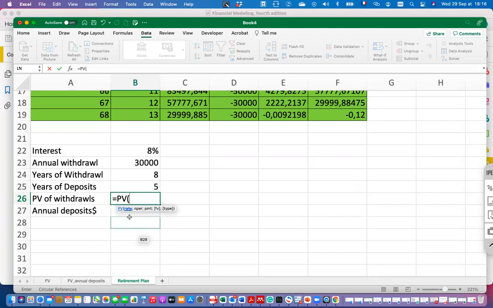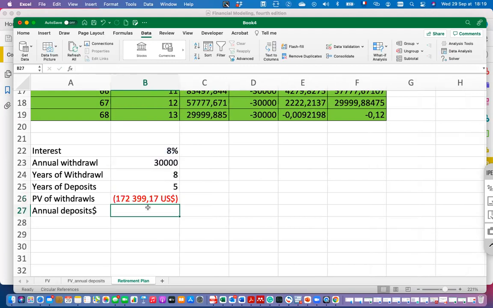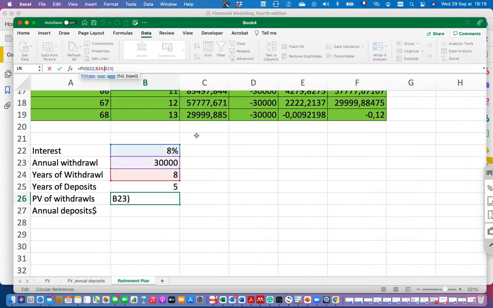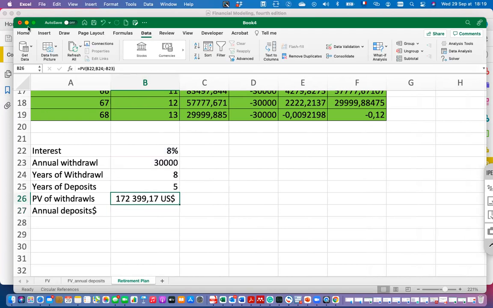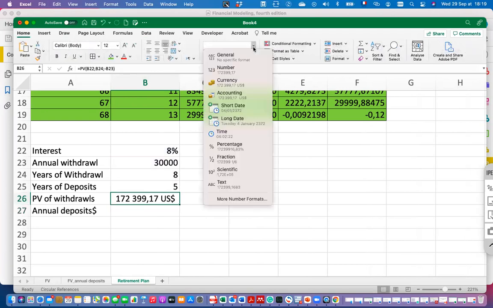The required inputs are the rate first, then the number of periods, 8 years of withdrawals, and now the payments, $30,000. We have here a negative number, so I must add the negative sign for the payments. I can transform it into number, not currency.